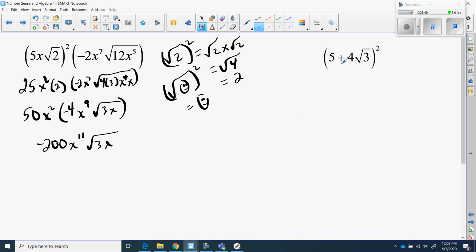Now, when we go over to this one, this is a binomial squared. So think back to even the quadratics unit in this course. If you have a binomial squared, we come up with a shortcut, and we just refer to it as the three-step process, where you square the first, you multiply these two together, and then double it. So a times b would be ab, but doubled would be 2ab.